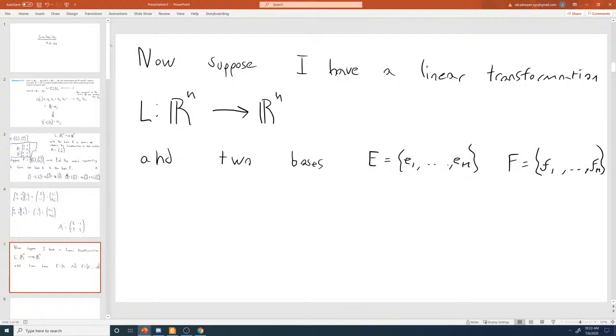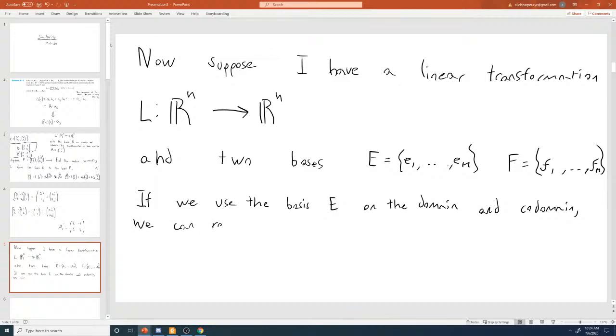Well, if we use the basis E on the domain and codomain, we can represent L by a matrix A.